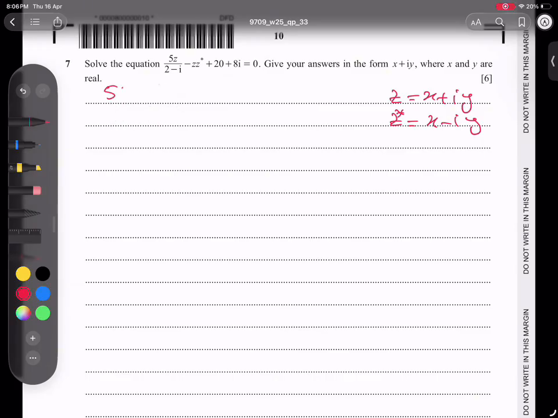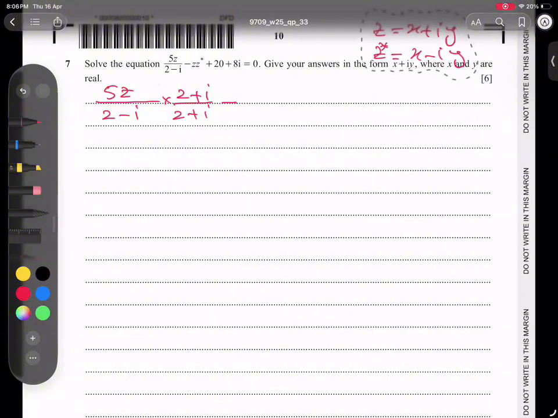First of all, I'm rationalizing the denominator. Whenever iota is involved in the denominator, we always change the sign, take the conjugate and multiply up and down. And the rest of the part, I'm just putting this value on top. Here I'm putting z is x plus iota y and z star is x minus iota y, plus 20 plus 8 iota is equal to 0.